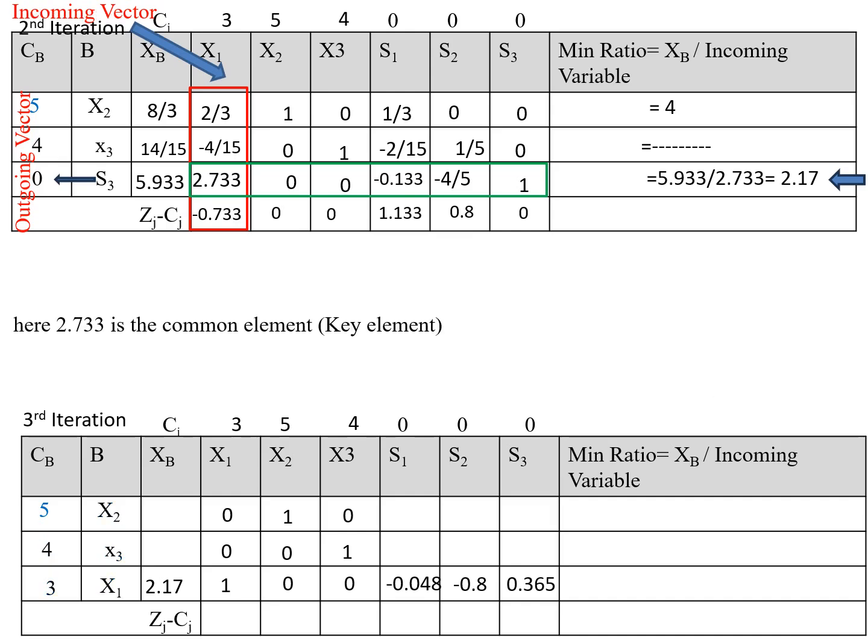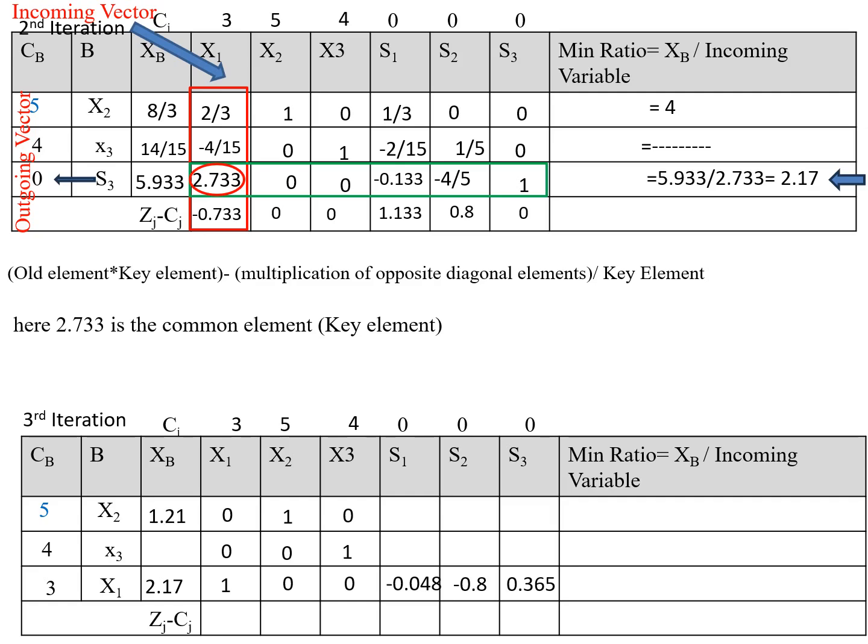Then the remaining values are modified by old element into key element minus multiplication of opposite diagonal elements divided by key element. Then their values will become 1.21, 0.36, 0.195, minus 0.243, 1.51, minus 0.146, 0.121, 0.097.